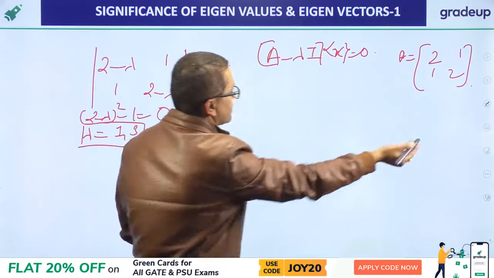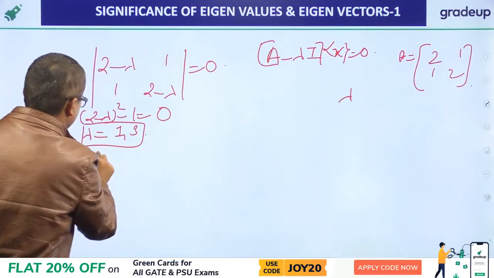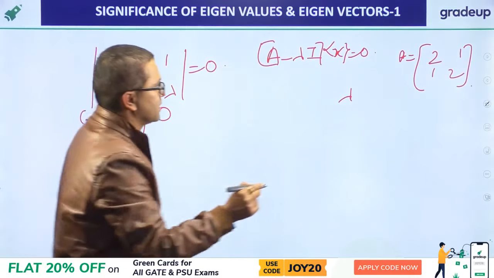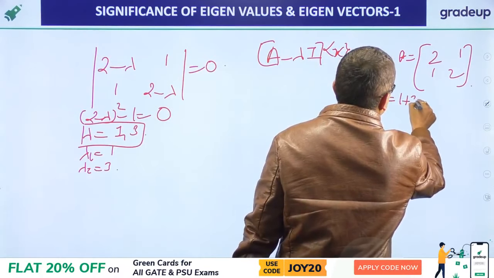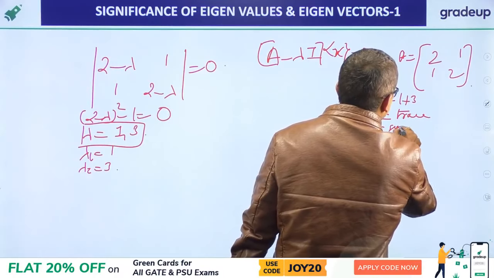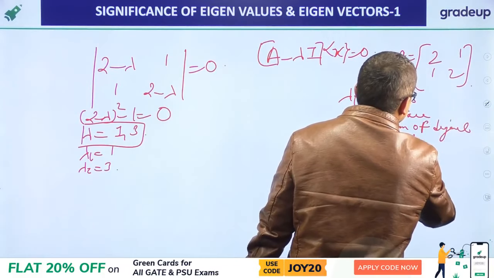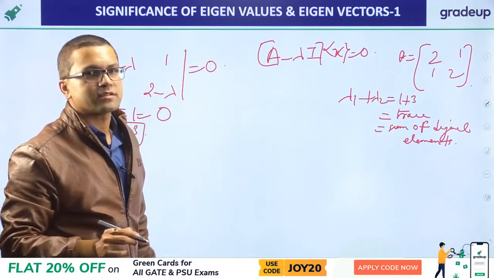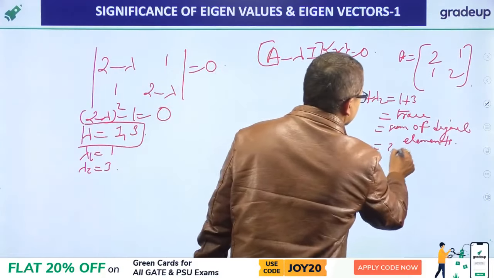And you realize that for the two eigenvalues, let's say lambda 1 equals 1, lambda 2 equals 3, if you add lambda 1 and lambda 2, that is 1 plus 3, that is also the trace, which is the sum of diagonal elements here, which is 2 plus 2.